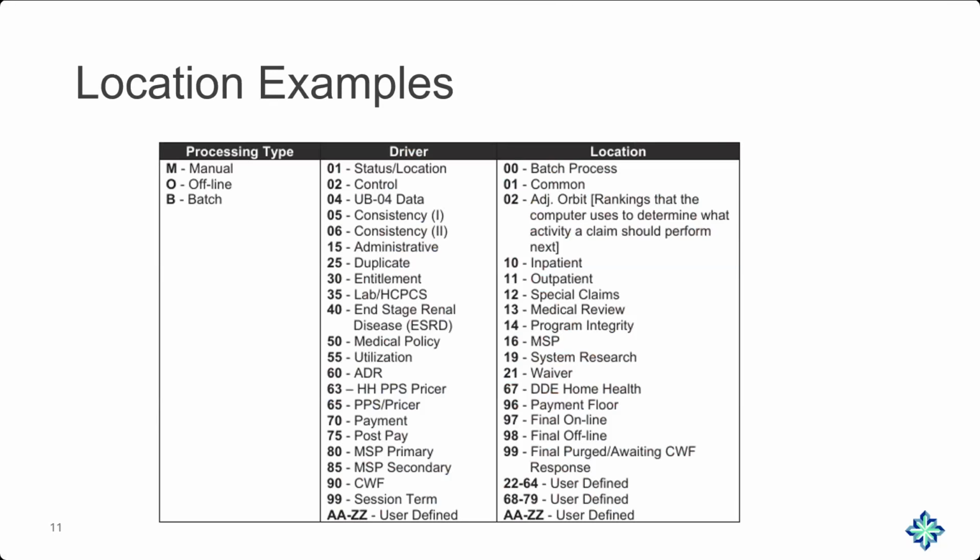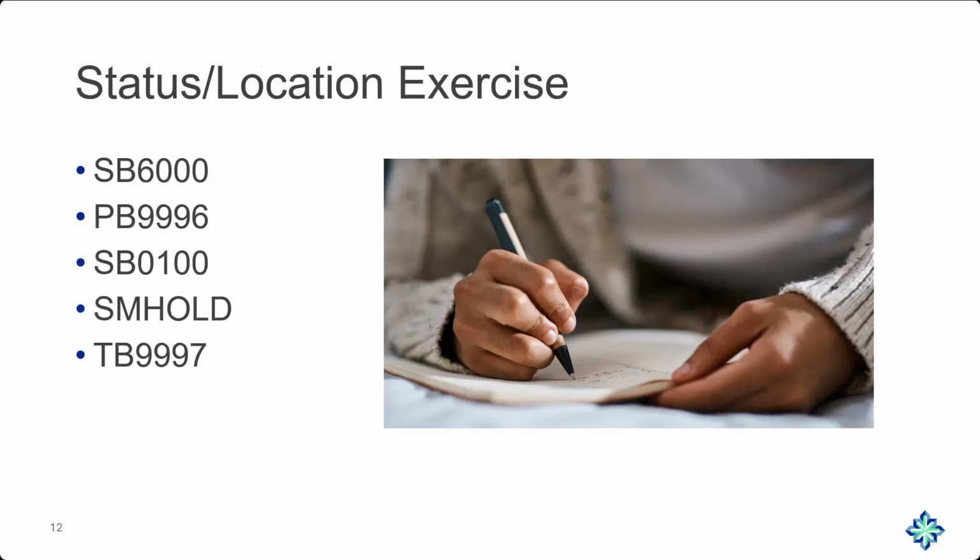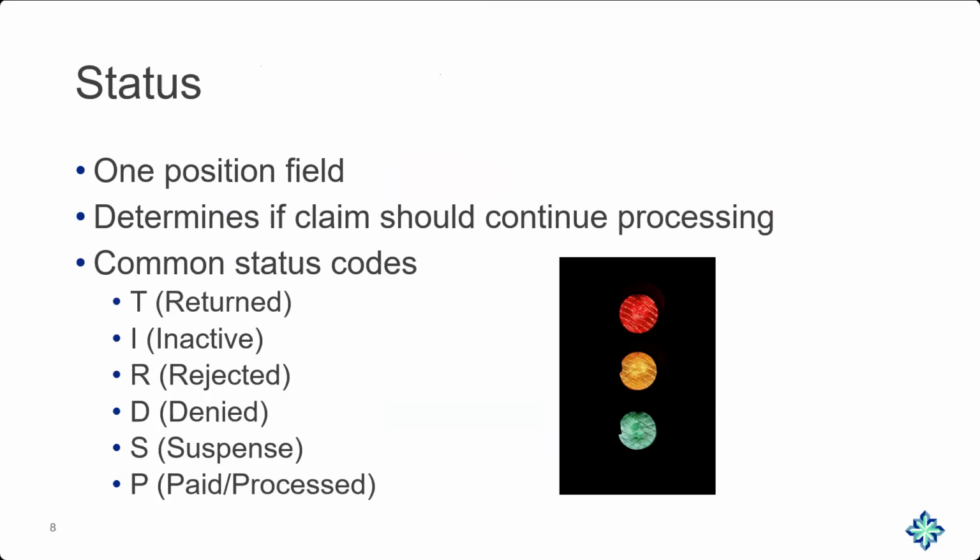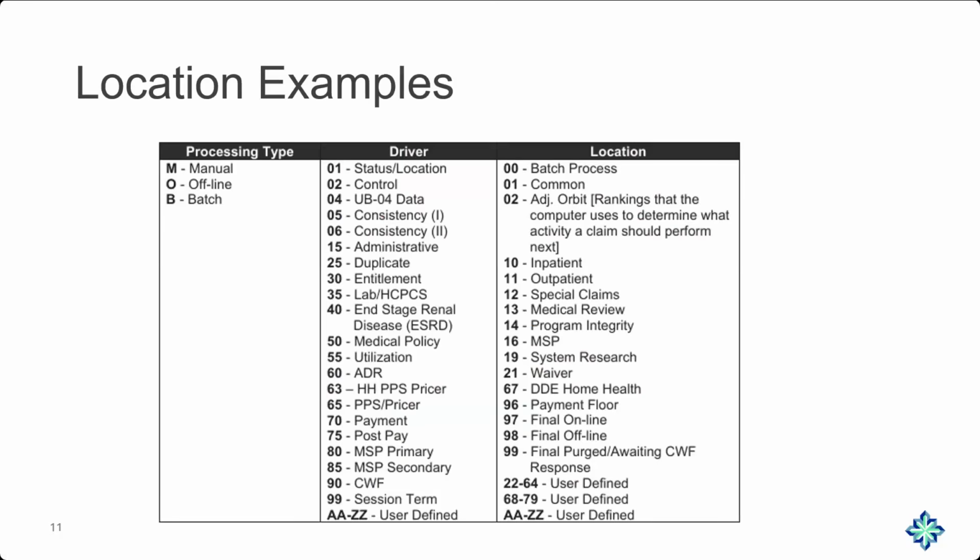One last one to take a look at, and the reason that we are discussing this today, is TB 9997. T means returned or RTP'd. And then B is batch. We've had that one before already. And then 99 means the session is terminated.